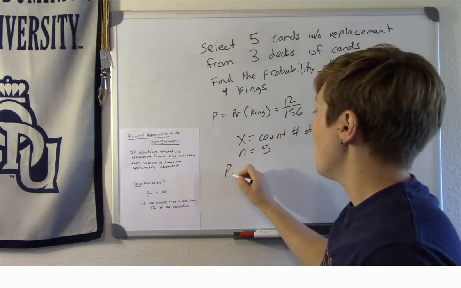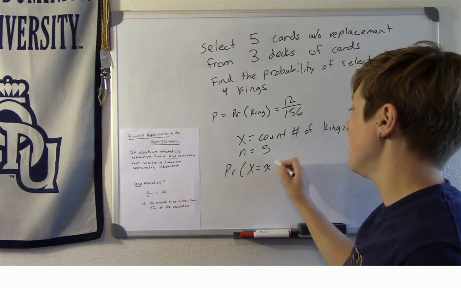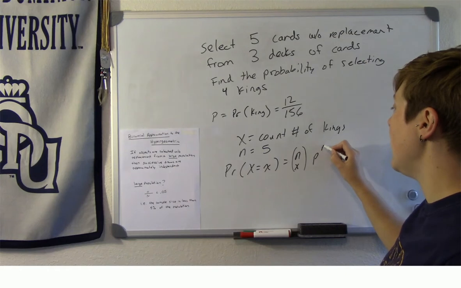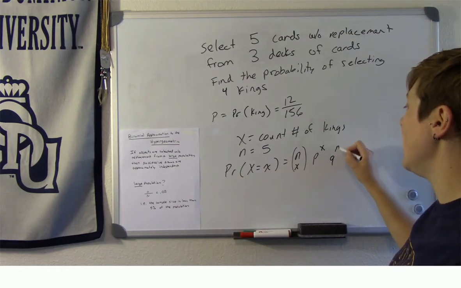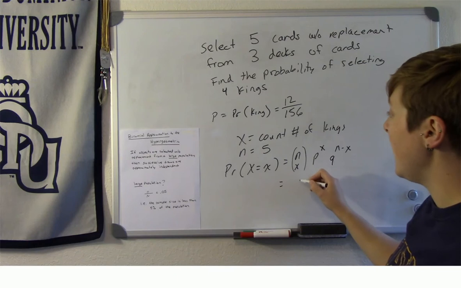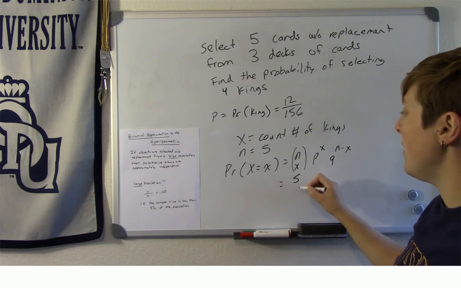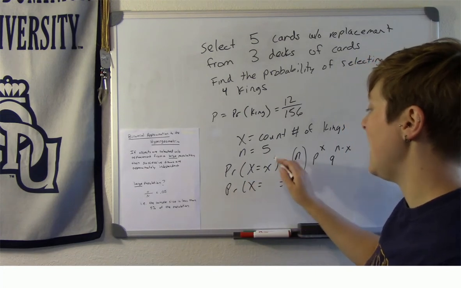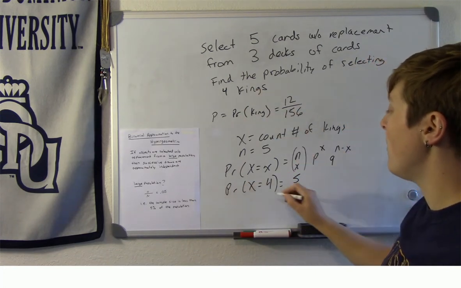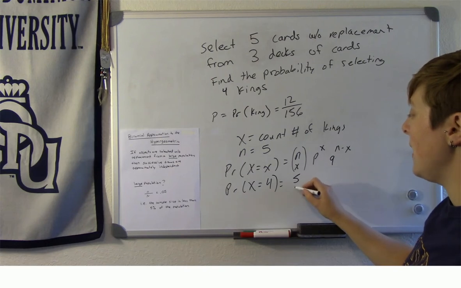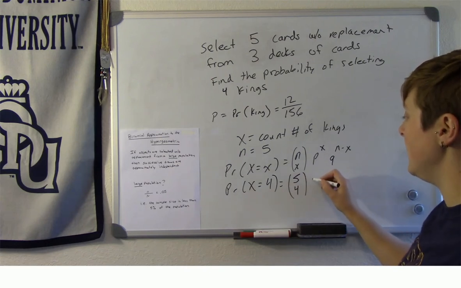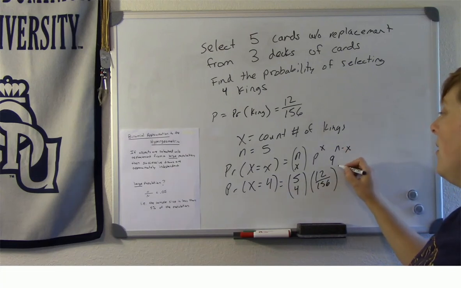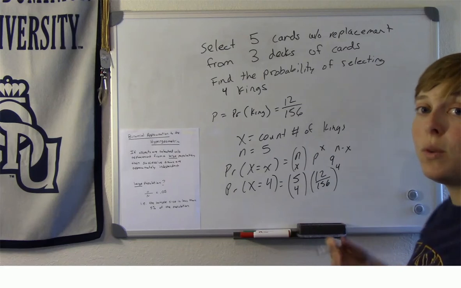Remember our binomial distribution: n choose x, p to the x, q to the n minus x. Let me write this. We're trying to find the probability that x equals 4, that we get 4 kings. So 5 choose 4, p is 12 over 156 to the power of 4, and then what's q?